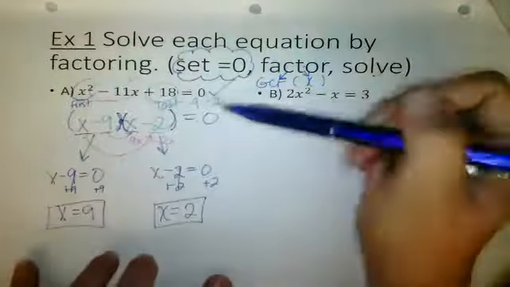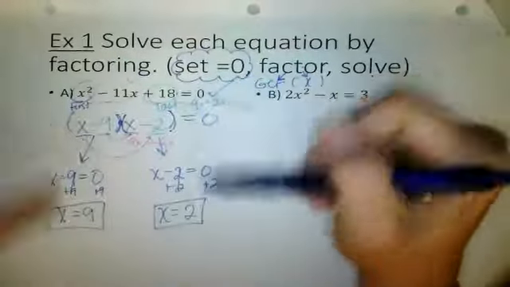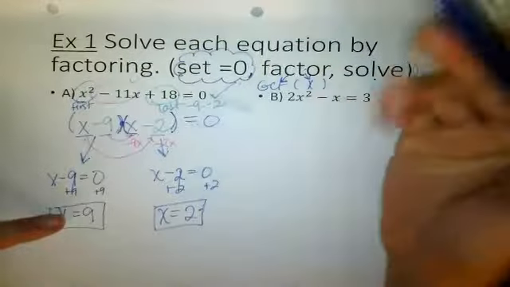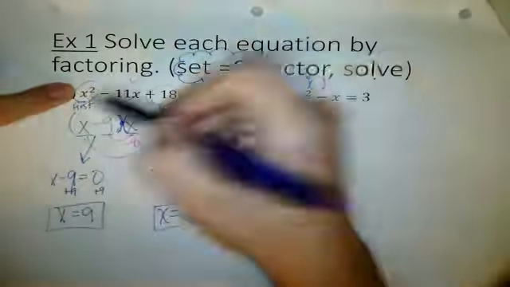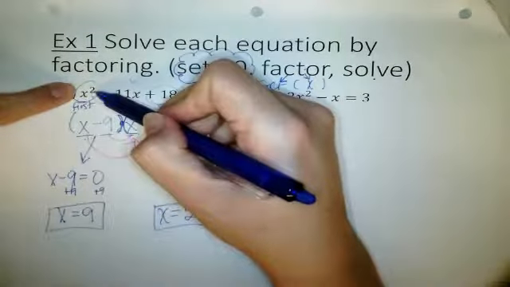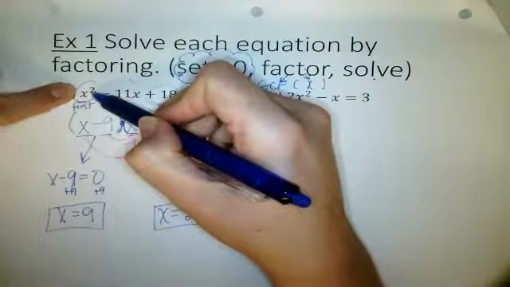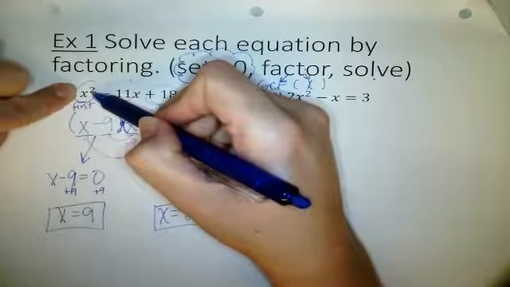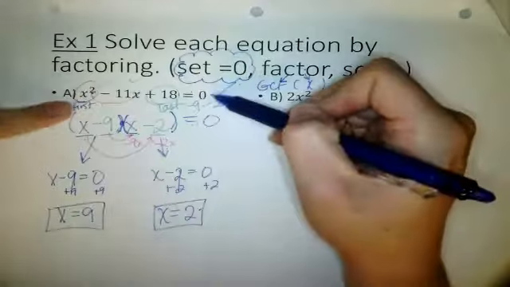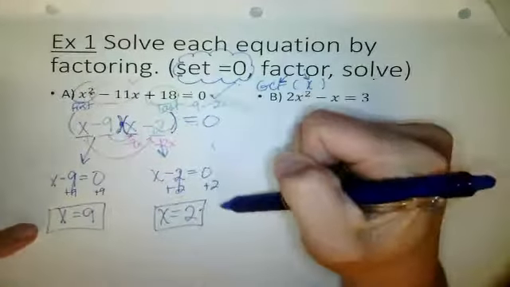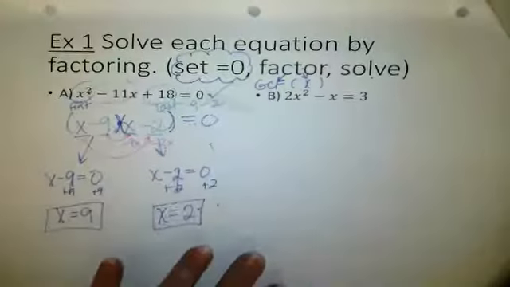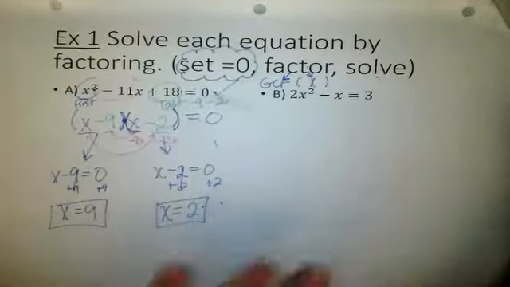This process of setting it equal to 0, factor, and solve is the process for every equation that has a higher power. So x squared, x cubed, x to the 4th, x to the 5th, we're going to learn how to solve all of them. And the process is the same. Set it equal to 0, factor, and solve. Okay? So this is the first step in that process.